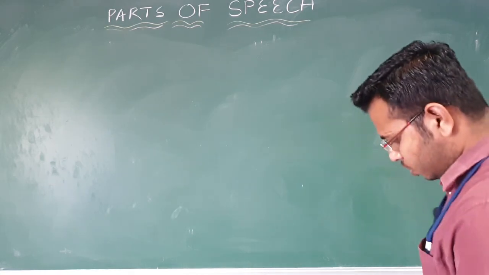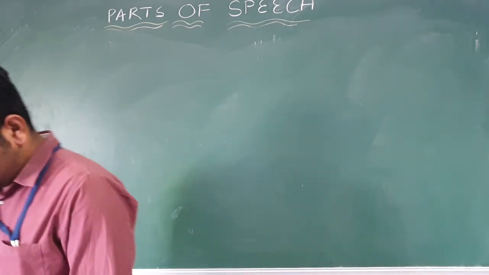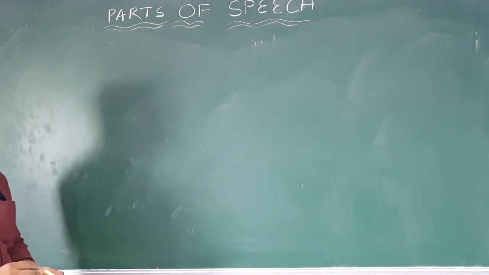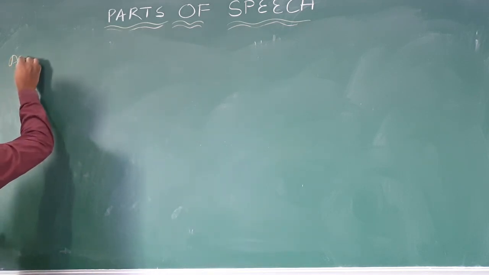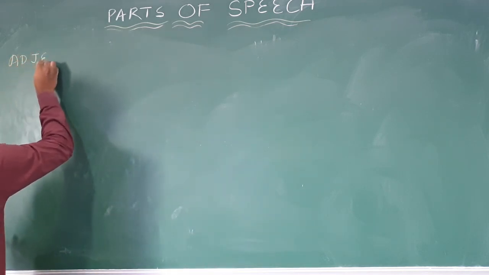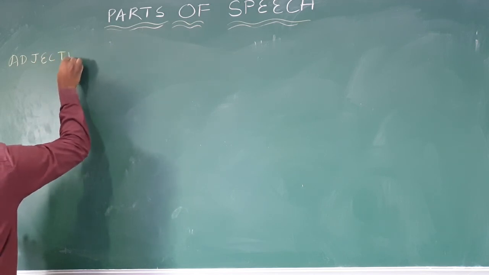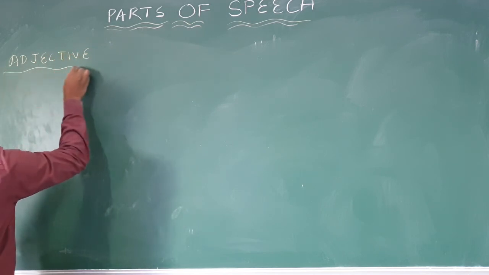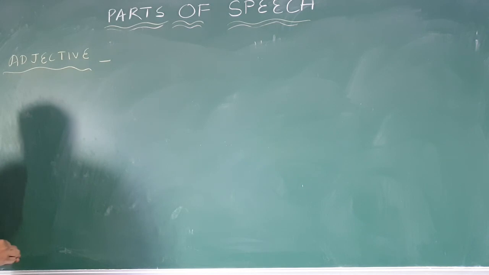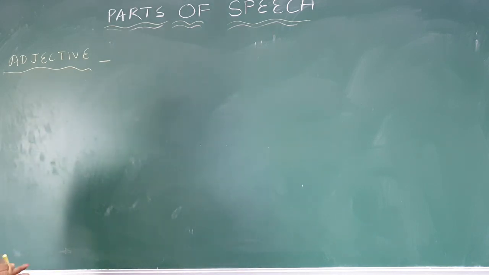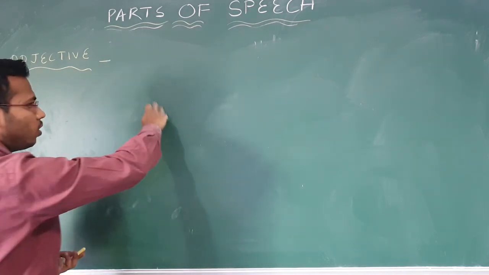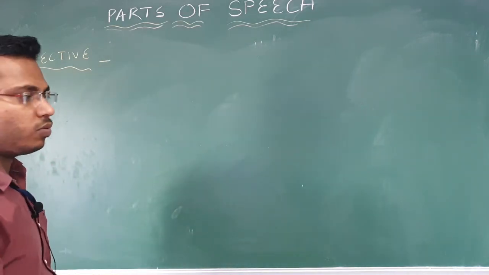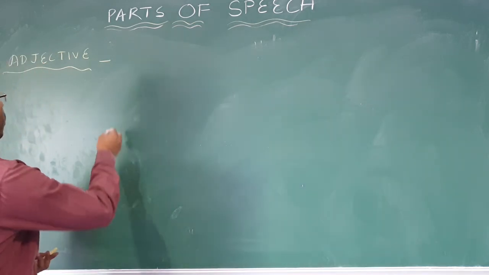So now we will discuss adjective. We discussed noun, we discussed pronoun, and now we will discuss adjective. You know about adjective from the previous class. These are called modifiers, as they modify the meaning of a noun or pronoun, or we can also say qualifier.